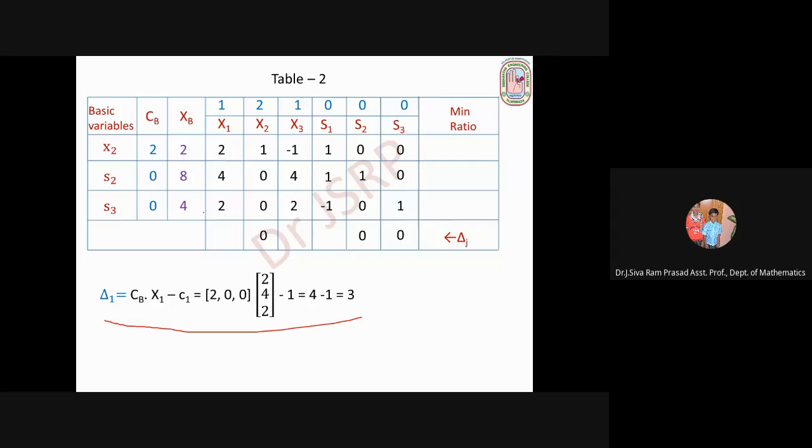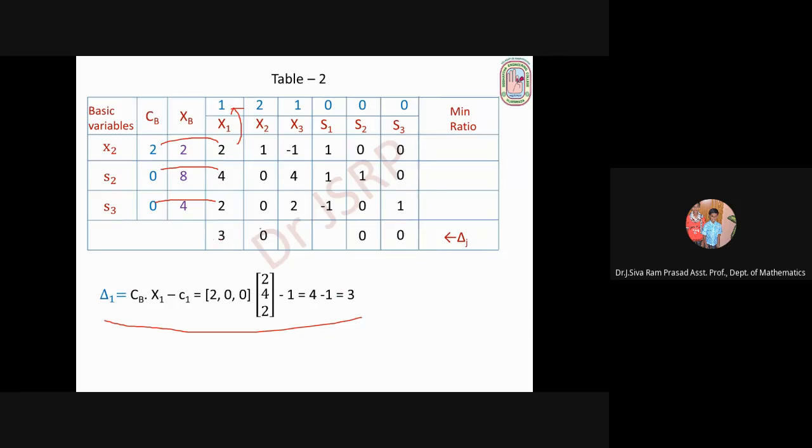How do you calculate delta 1? CB, this column, into this column. So 2 into 2, 4, plus 0 into 4, 0, plus 0 into 2, 0. That is 4 minus this value, minus 1. So 4 minus 1, 3. This is 3.